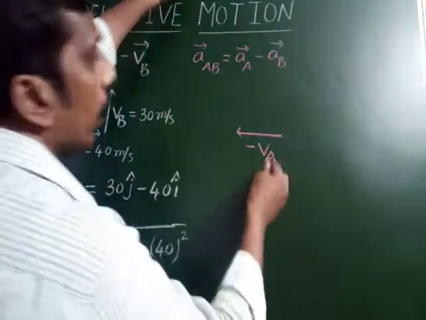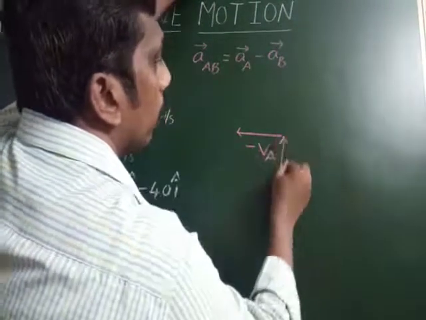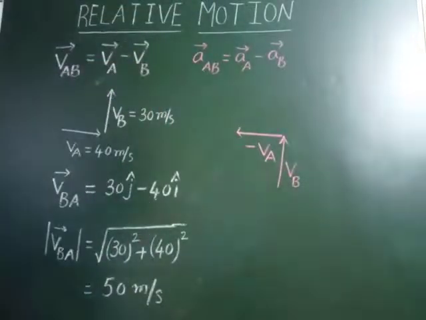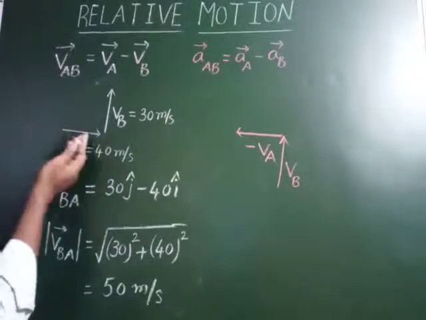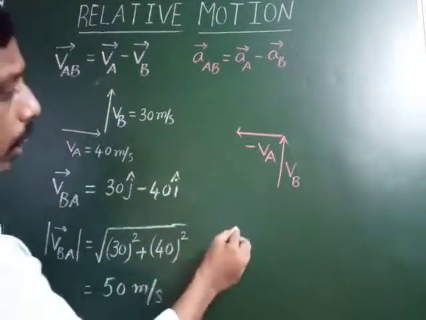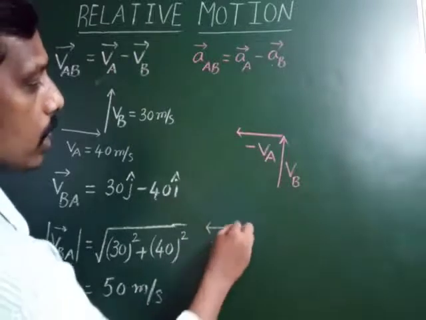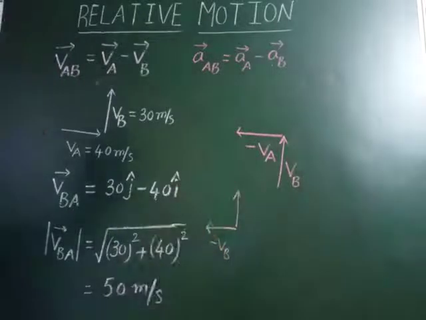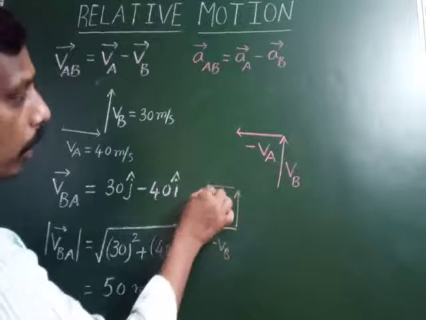This is VB. Here any vector slid parallel to itself does not change. You may get a doubt: if you reverse the direction of VA, then you get it like this. Actually, it is correct, minus VA and VB like this. But if you move this from here to here, any vector slid parallel to itself does not change, so I am keeping it here.